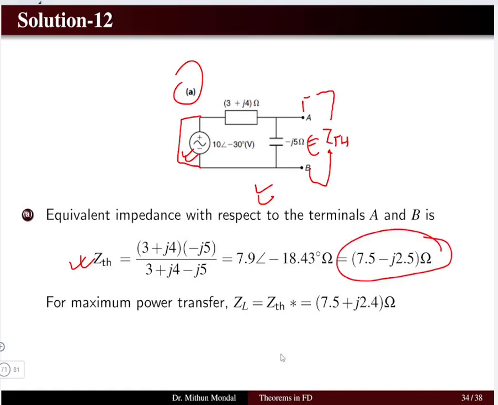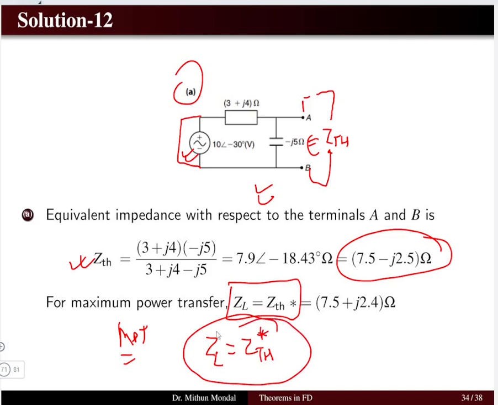Now the condition for maximum power transfer for a circuit having both inductors and capacitors, that is an AC circuit, is that the load impedance has to be the conjugate of the Thevenin impedance.